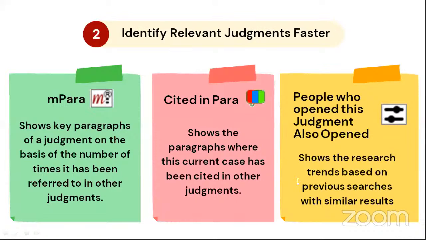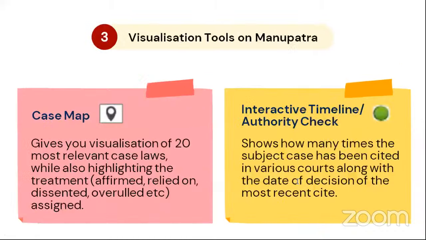Once you just click on this, you'll get a list of, from this judgment, which other judgments other people who were researching on Manupatra opened. Again, if you are lost with your proposition and not getting exactly what you're looking for, your facts are new, whatever, in that case, this is again a feature that you can turn to.